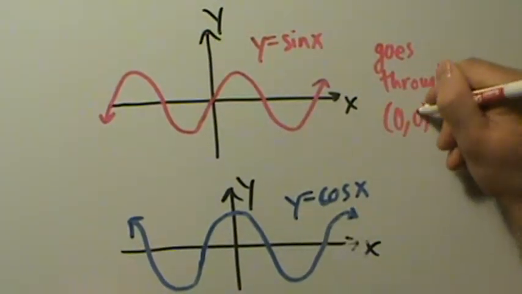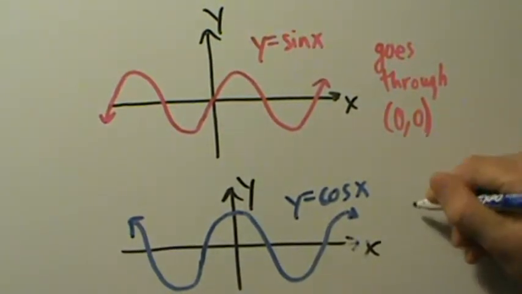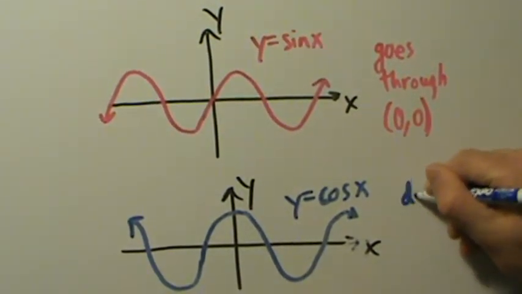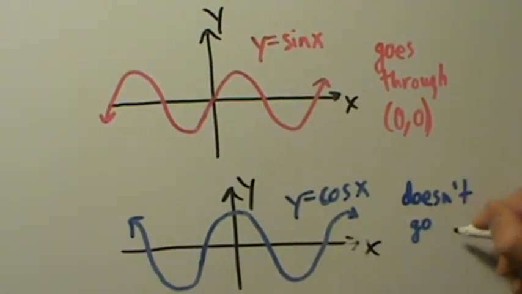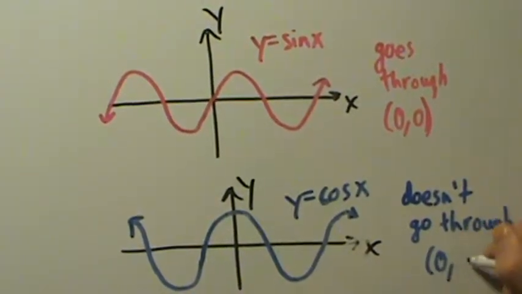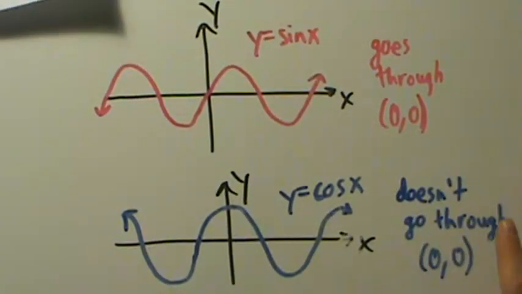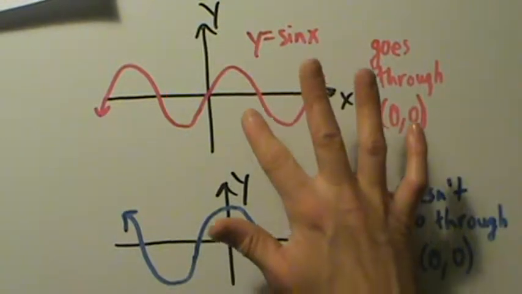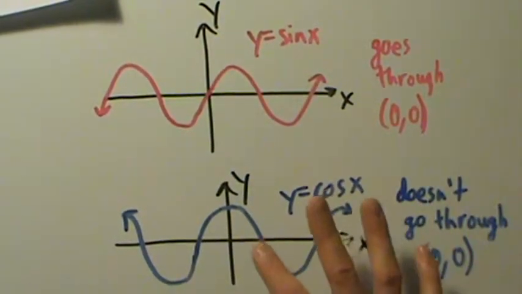And the cosine function, its graph doesn't go through 0, 0. There are a few different ways to think about it, but this is how I like to think about it. If you remember this, that the sine function's graph goes through 0, 0, and the cosine function's graph does not go through 0, 0.